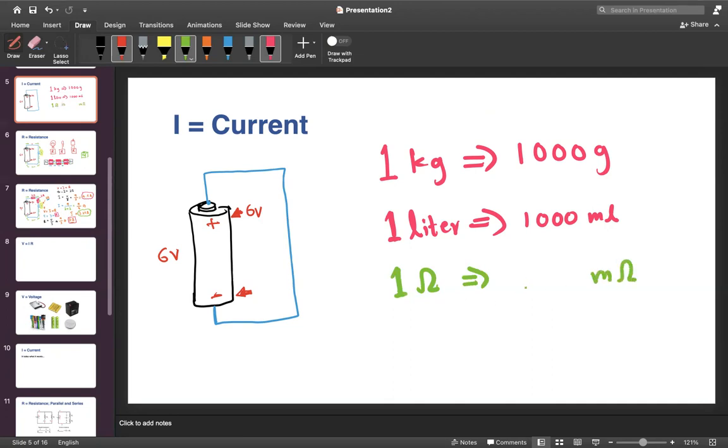How many milliohms? Same as this. 1000, exactly. Same as this, okay? All is divided by thousands. Is that clear? Yes, sir.